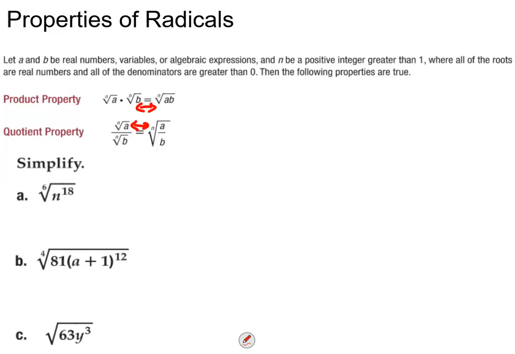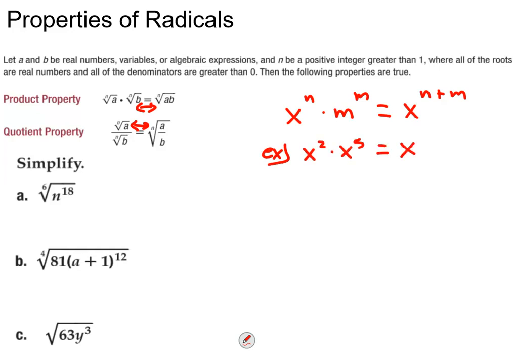Over to the right here, I just wanted to review a couple of simple power rules with exponents. If we had x to the n times x to the m, we would add those exponents, n plus m. A quick example would be x squared times x to the 5th. That would be x to the 7th because we're adding the 2 and the 5.